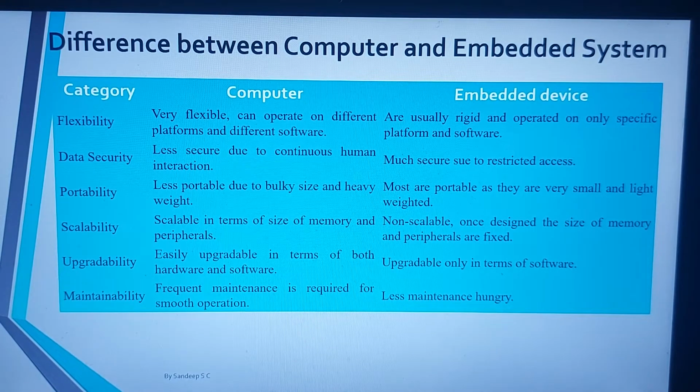Otherwise, hardware we cannot upgrade. As far as maintainability is concerned, computers require frequent maintenance, whereas embedded systems hardly require maintenance. So these are some differences and comparisons of a computer with an embedded system.